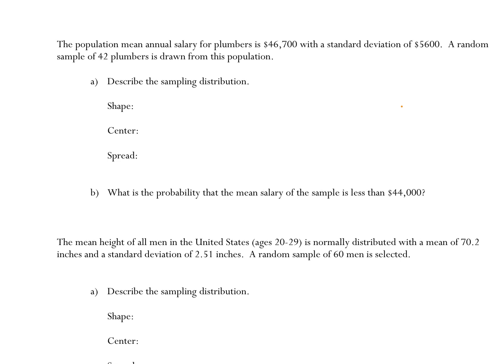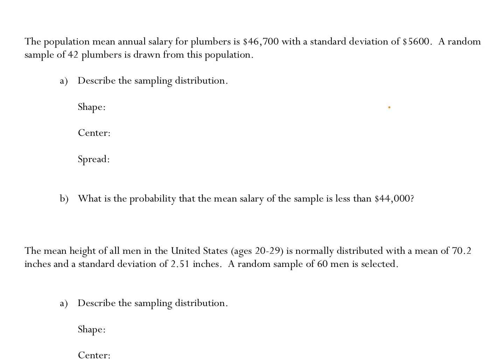All right, I'm going to jump down to this plumber problem that we've already talked about a little bit. We're going to talk about it a little bit more. Okay? So, again, we had that the population mean was 46,700. The population standard deviation was 5,600, and we're taking a sample size of 42. Okay. So, remember, we basically have done a lot with this kind of shape, center, spread, right?